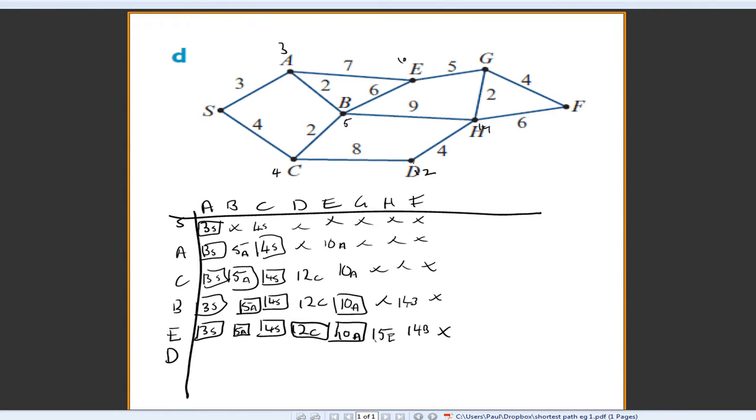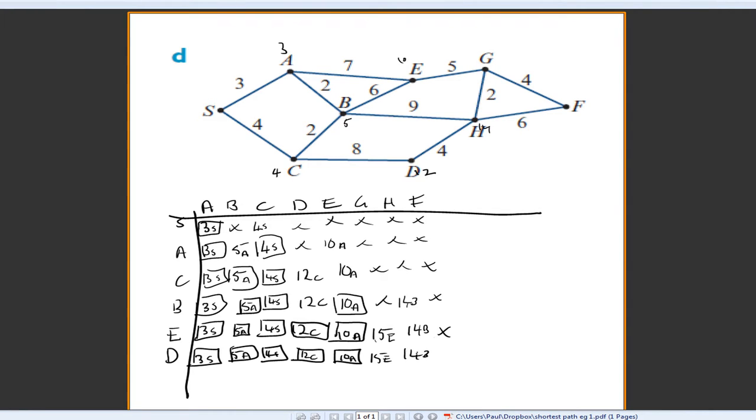D. So we're here. 12 plus 4 is 16. There's only one edge that goes anywhere other than C. So that's going to be 12 plus 4, which is 16. 16 won't beat 14, so that's going to stay as is with H. So all box values get rewritten. 3S, 5A, 4S, 12C, 10A, 15E, and 14B.